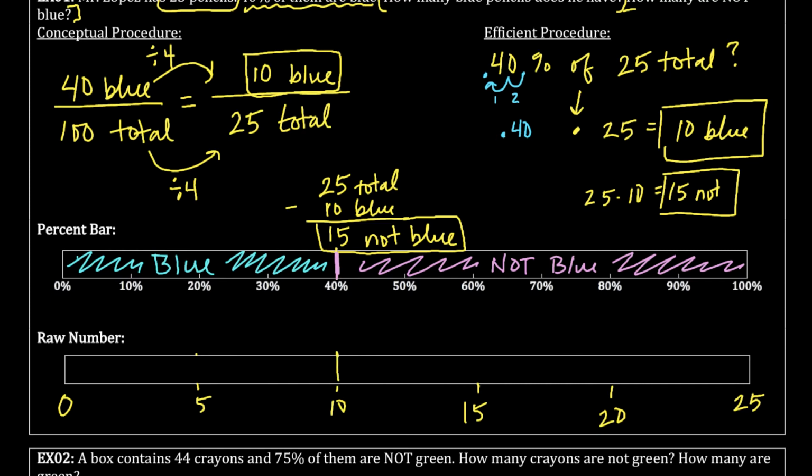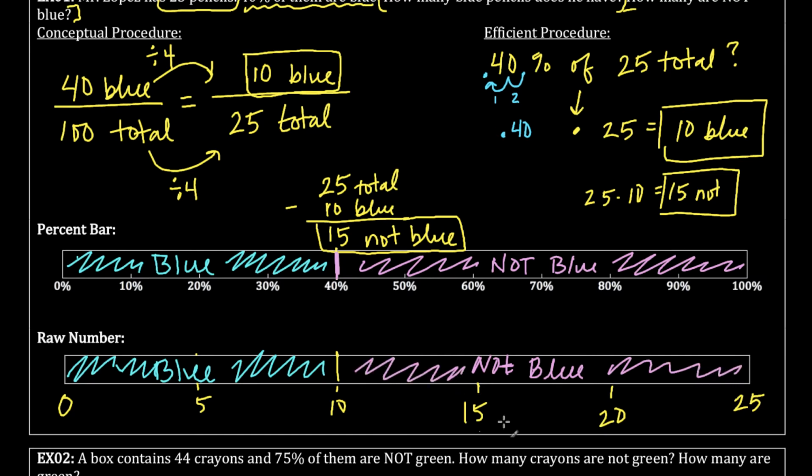It should match up if you draw it correctly, according to scale. You see how we got 10 were blue out of 25. 40% were blue, which means 40 would be blue out of 100. And let's put the not blue. And there we go. That looks a little weird, but it's good enough.